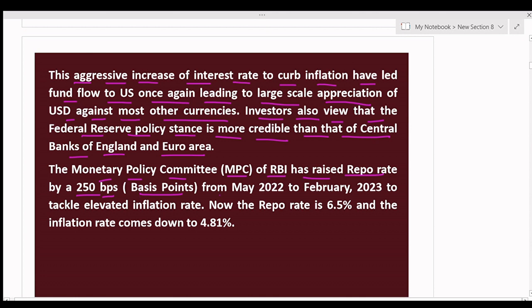From May 2022 to February 2023, to tackle the elevated inflation rate, now the repo rate is 6.5% and the inflation rate has come down to 4.81%.